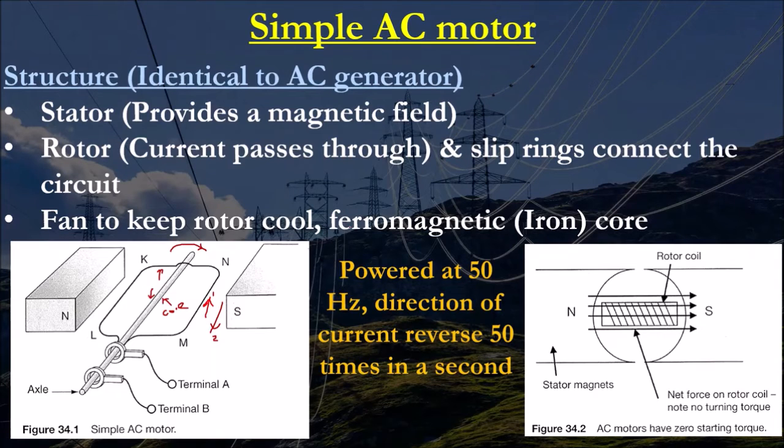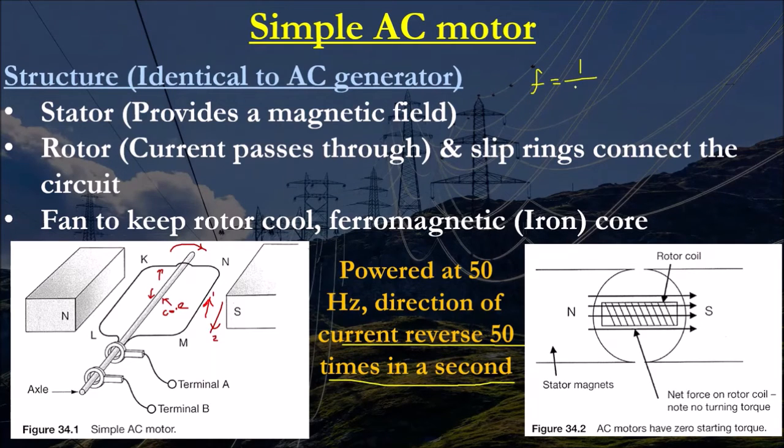The other thing we need to look at is that an AC motor is powered at exactly 50 Hertz, which means the current will reverse 50 times in 1 second. That goes back to our understanding of frequency and period.